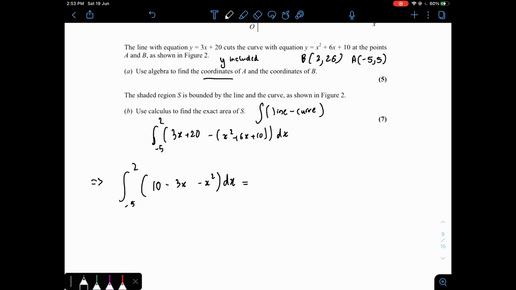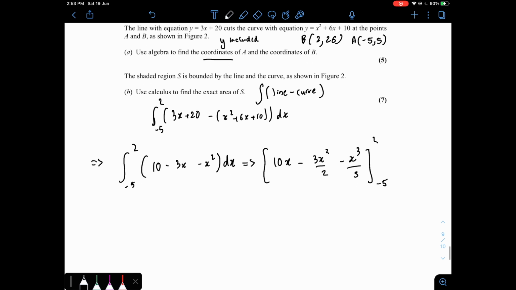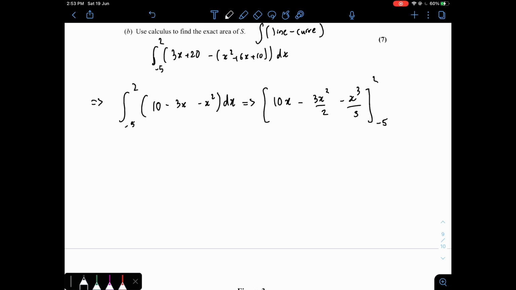So this goes to 10x, and this is 3x squared over 2, because we raise the power and divide by 2, minus x cubed over 3, to the limits 2 and minus 5. All we have to do now is substitute the limits.